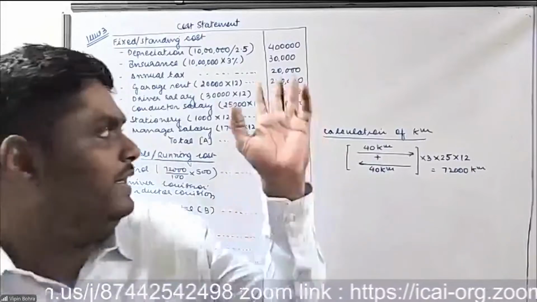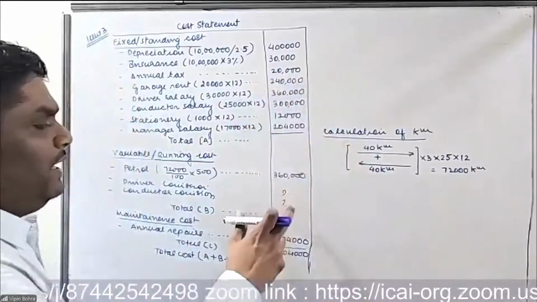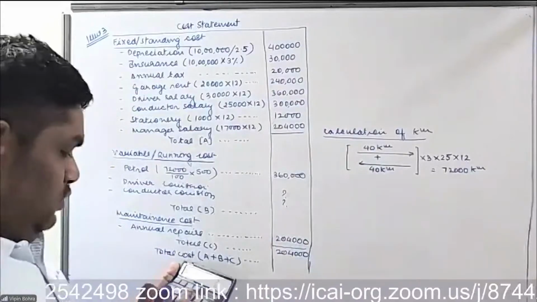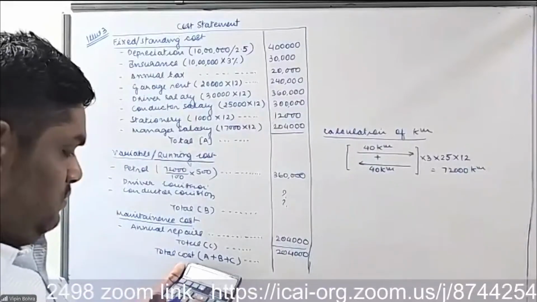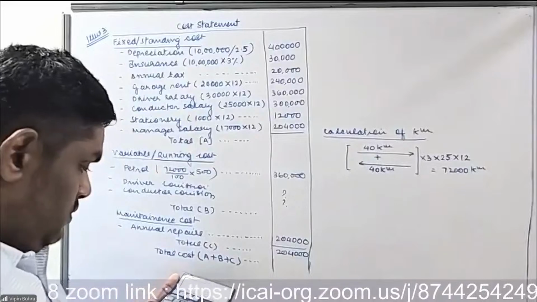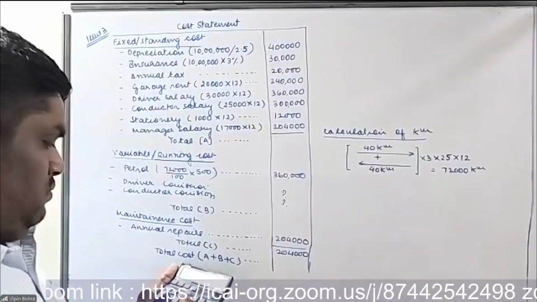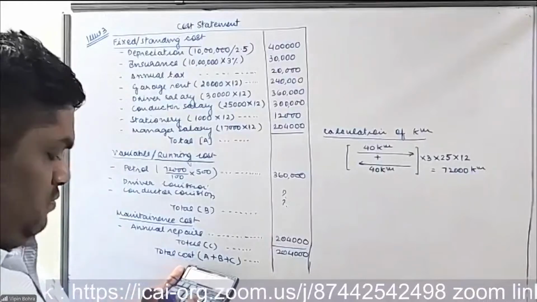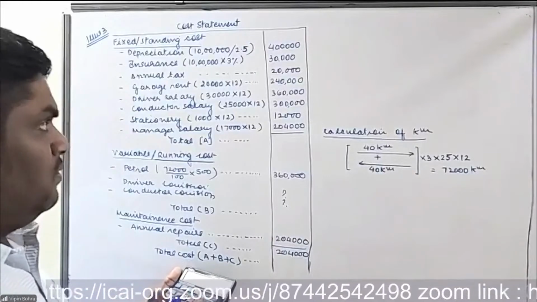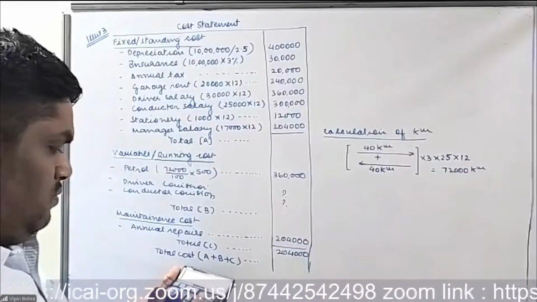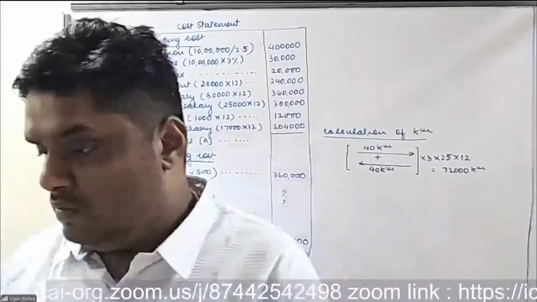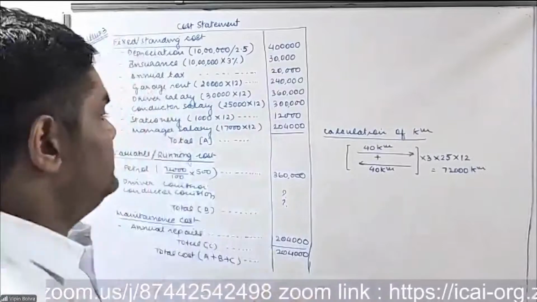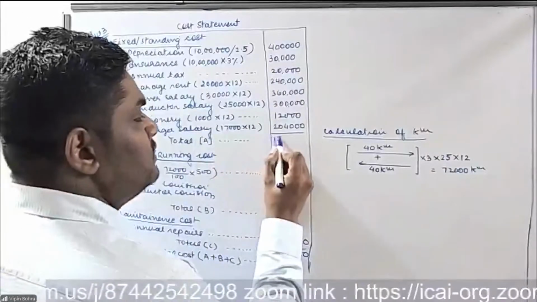So now let's calculate this total A we have. We need to calculate these two. So 4 lakh. So this is 15,66,000.